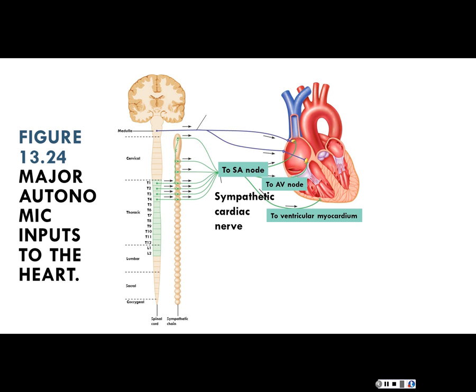So our stroke volume is probably going to go up, and our heart rate's going to go up, so our cardiac output will go up. So the sympathetic nerves terminate not only at the nodes to increase rate, but also at the ventricular myocardium to increase the force of contraction. And the word you would use is contractility.